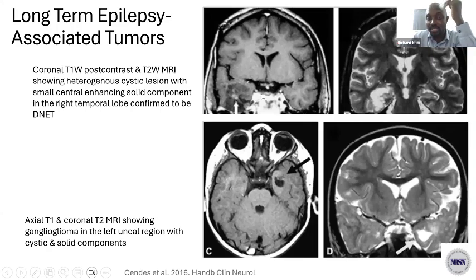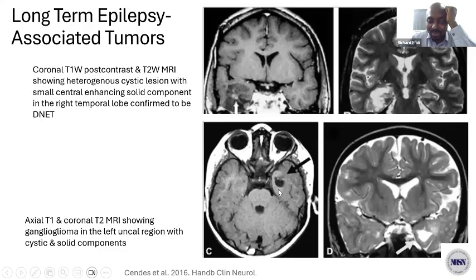These are solid tumors, so there is a need to obtain contrast T1 weighted MRI. This T1 coronal MRI is showing a lobulated multicystic lesion with an area of enhancement, which shows a solid component. These multilobulated multicystic lesions are usually characteristic of DNET.